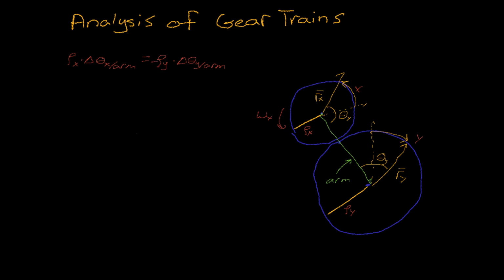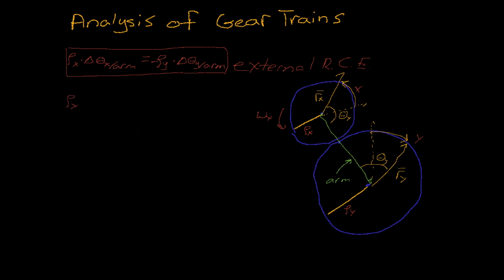on the right hand side of the equation, and this is the equation for a pair of gears rolling externally. So it is the external rolling contact equation. So let's just expand this out.